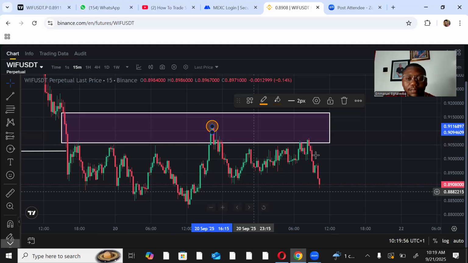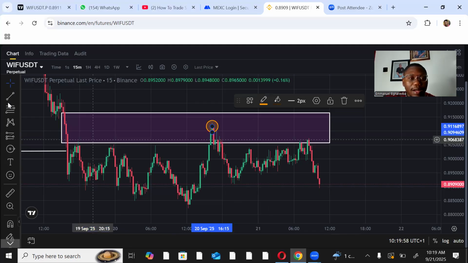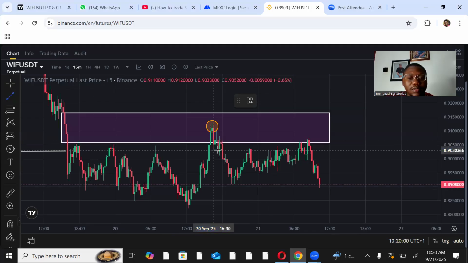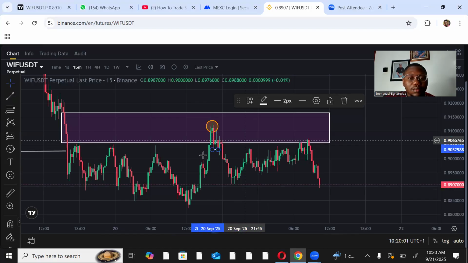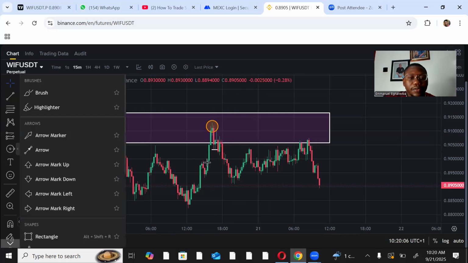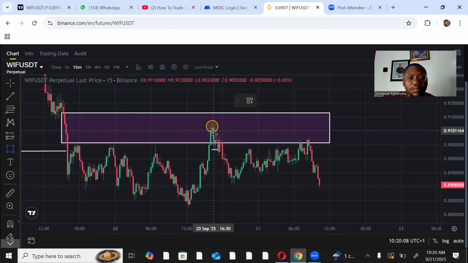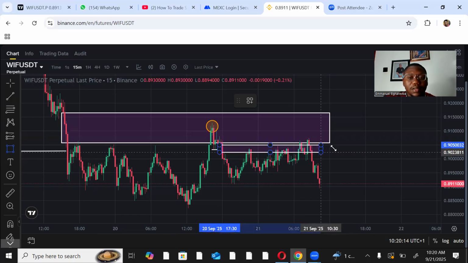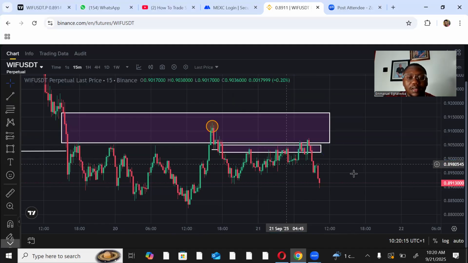And then we had a breakout structure to the downside, and price coming back again to fill this imbalance here. See how it fills the imbalance?